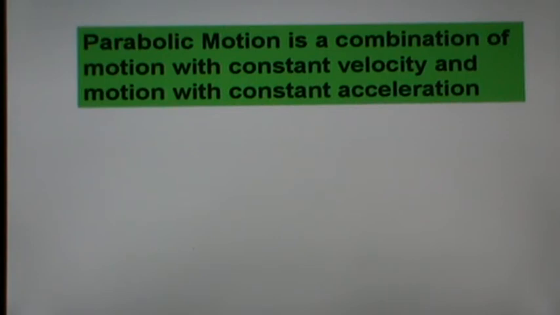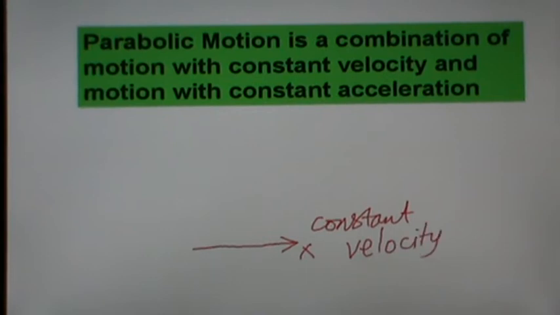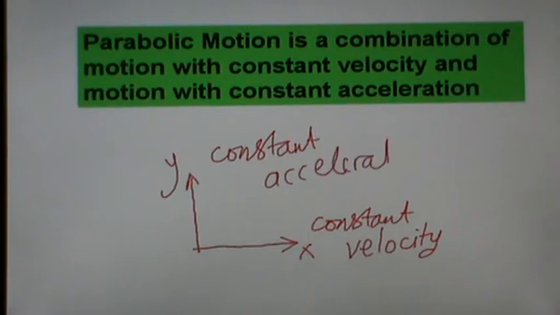Or if we want, we can say that in the horizontal or x direction, it's a motion with constant velocity, and in the vertical or y direction, it's a motion with constant acceleration. And you'll see that we can solve each motion separately.